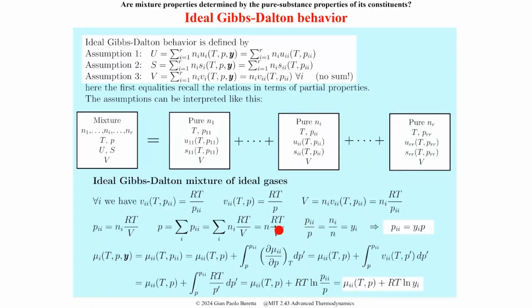So you combine these two and you obtain that the ratio of the partial pressure to the total pressure is equal to the ratio of the individual amount with the total amount, which is the mole fraction. In other words, the partial pressure is given by the mole fraction of that constituent times the pressure of the mixture.